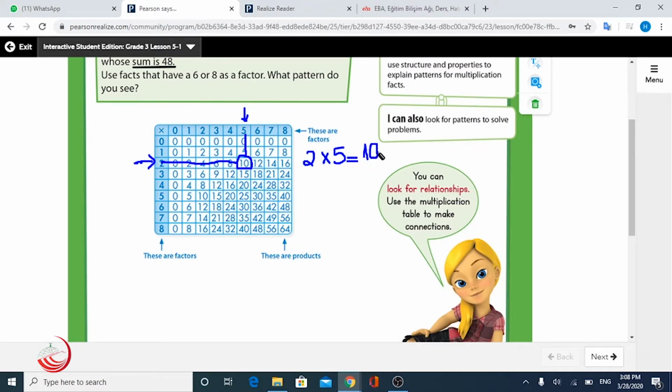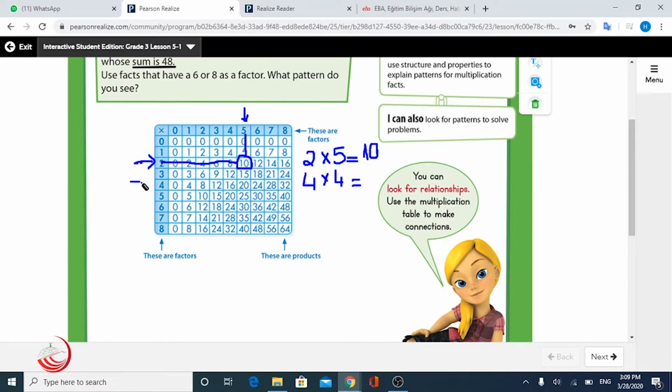Great, excellent. Do you want to try another factor? All right, let's move to factor 4. 4 times 4. You know the answer, but we need to see the answer on the table.